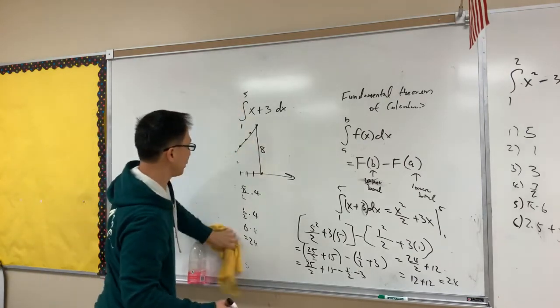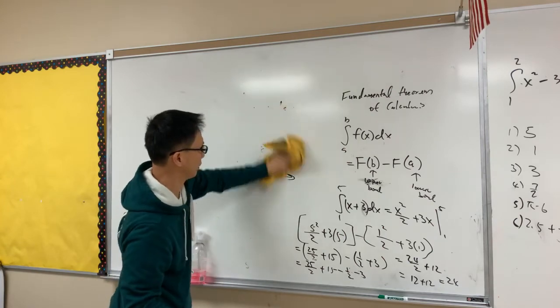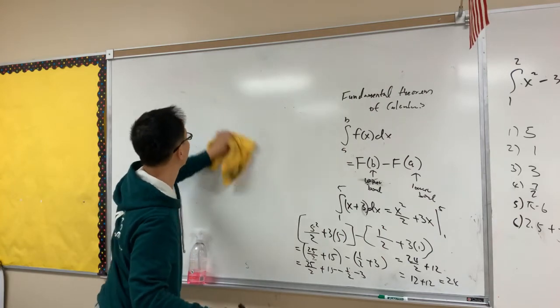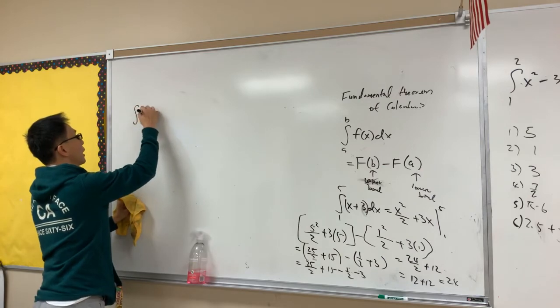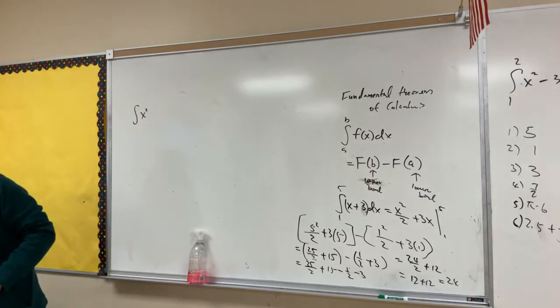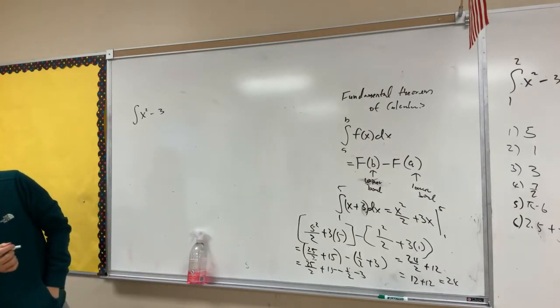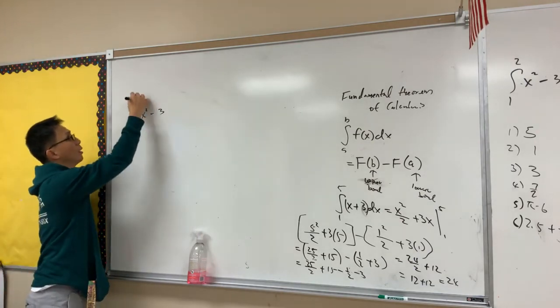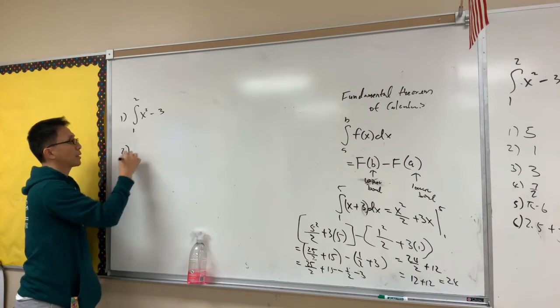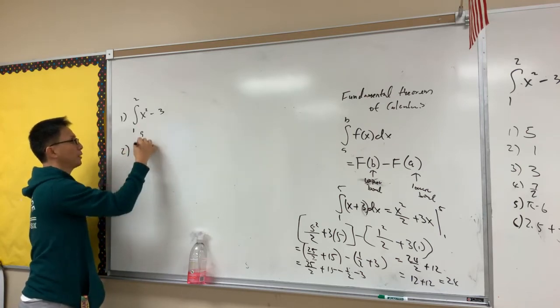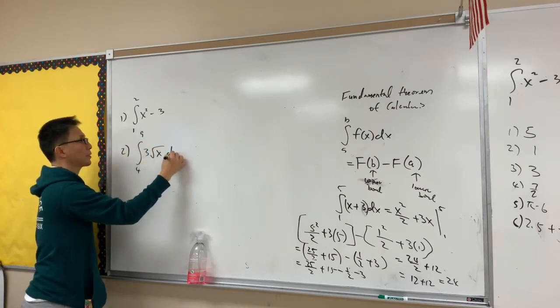A simple one, it's not hard. It's going to be the integration of x squared minus 3 between 1 and 2. That's the first one. The second one, I'm going to do 4 to 9 of 3 squared over x dx.